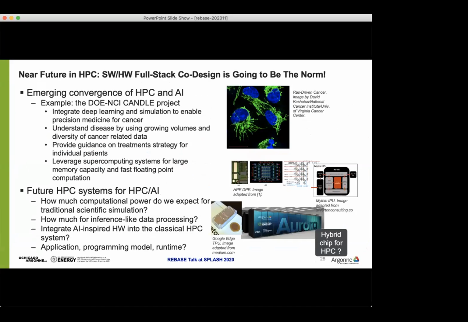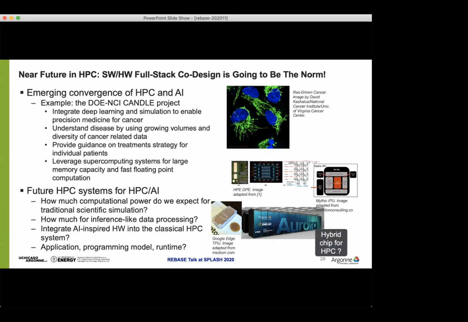Yeah, so for this project, I'm not directly involved in the Candle project, but we got a lot of information as it's a project led by Argonne. I think it's already about a 2-year effort. And we have seen there are requirements from the science side. They really need to run simulation and deep learning together.